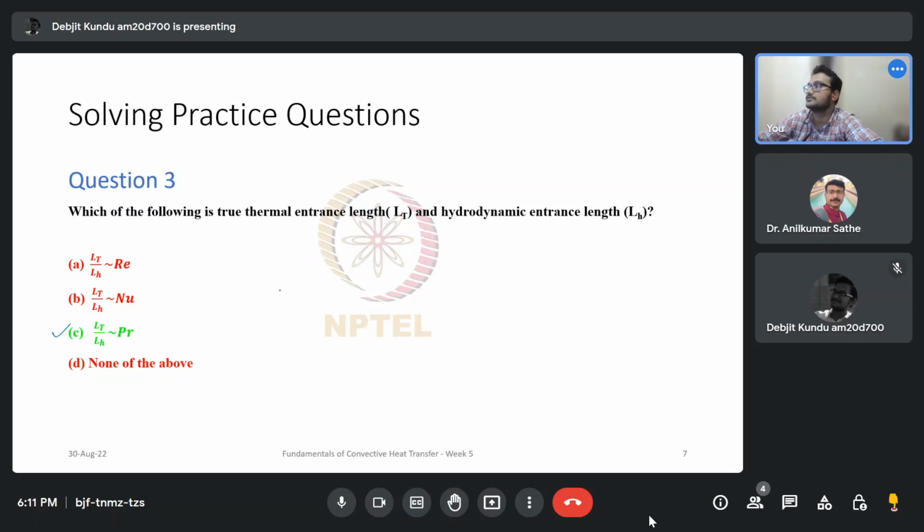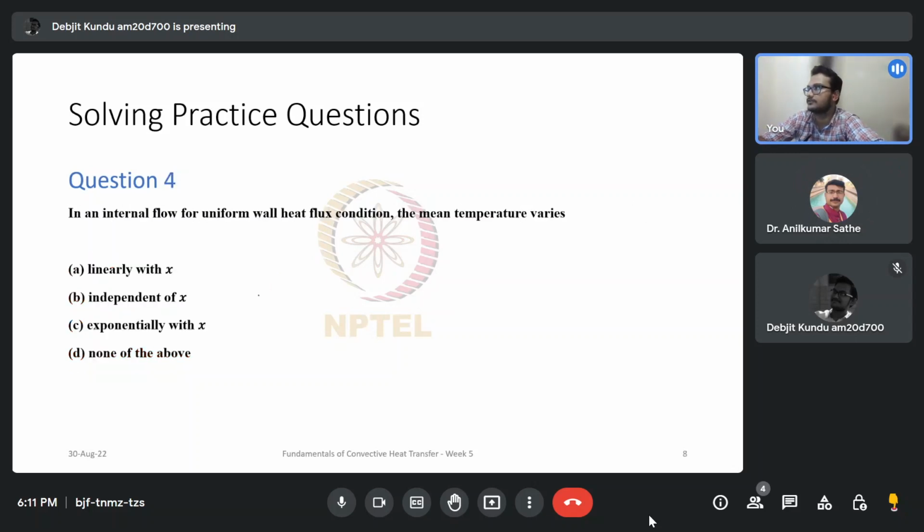Okay. So we'll quickly move on to question number 4 as well. Question number 4 says, in an internal flow for uniform wall heat flux condition, the mean temperature varies. How does it vary? Linearly with x, independent of x, exponentially with x, or none of the above. So what is uniform heat flux condition?